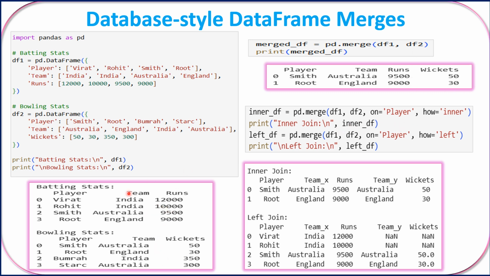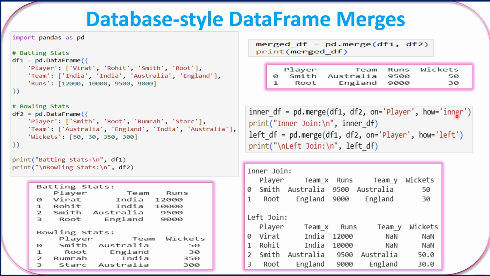When you do it on player, then obviously you can see inner on how is inner, so player, team X and team Y come here because I have mentioned on player, whereas the team label is common, so team X is for the first data frame or batting statistics, team Y represents the bowling statistics. But if you don't mention on what basis you do, then it is going to be just the common label name available as such.